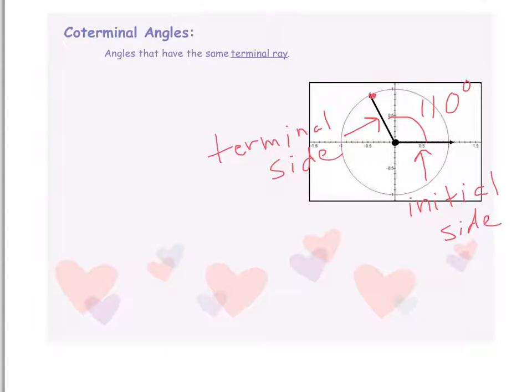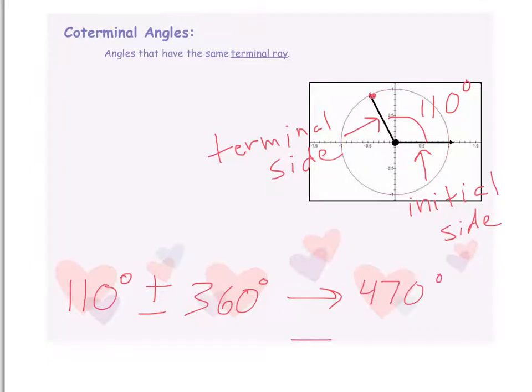Now, if I want to get a coterminal angle, it's pretty straightforward. I would take 110 degrees, and I could either add or subtract 360 degrees. If I were to do both here, this would lead to two other angles that are also coterminal. One of which would be 470 degrees.